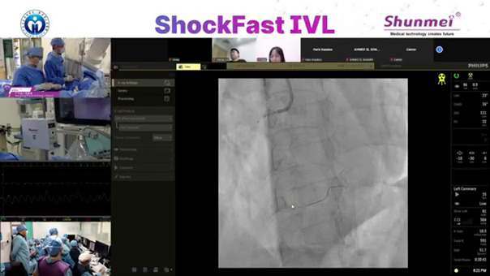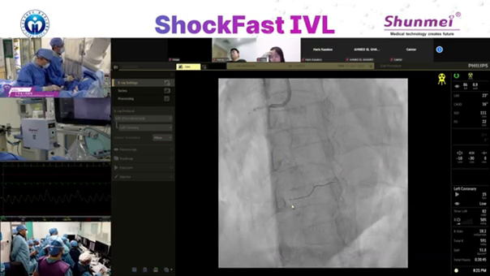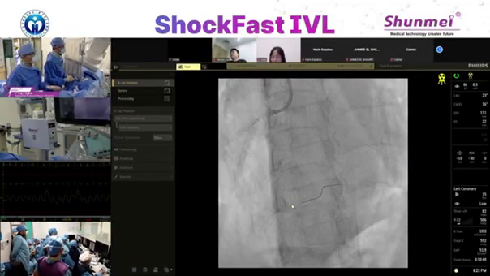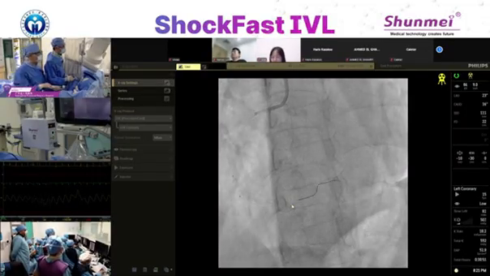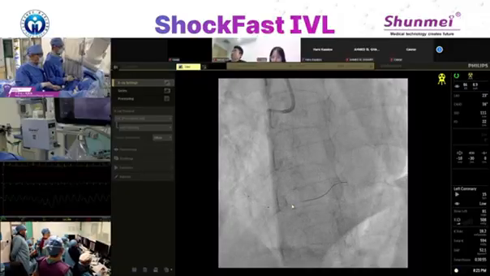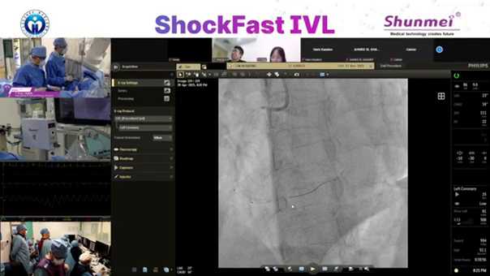I'm not sure if the proximal segment of the proximal stent is well expanded, is well apposed.